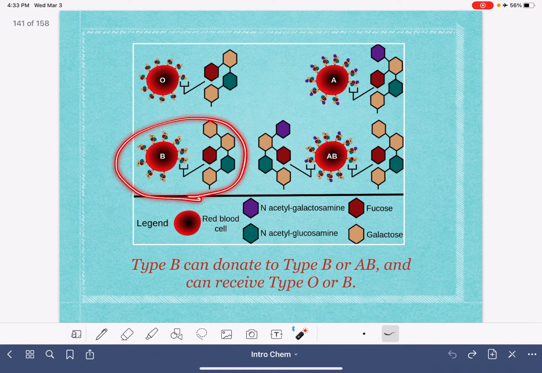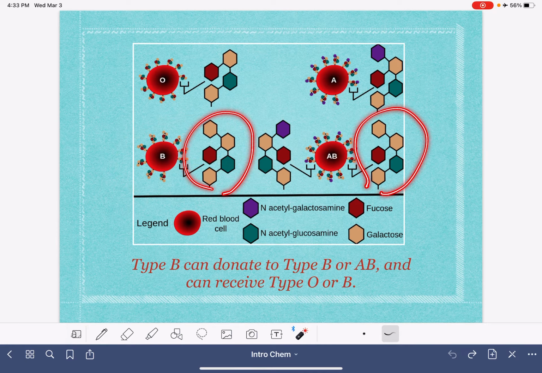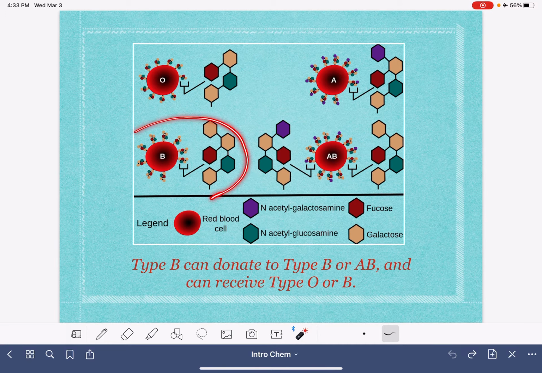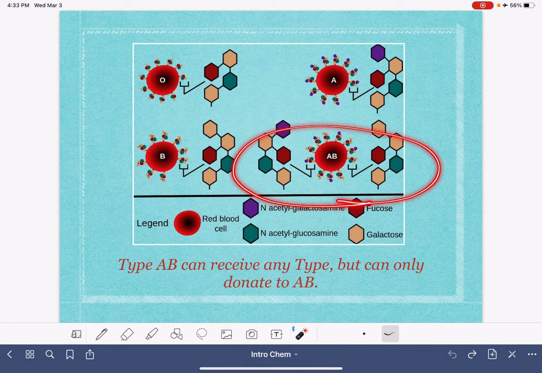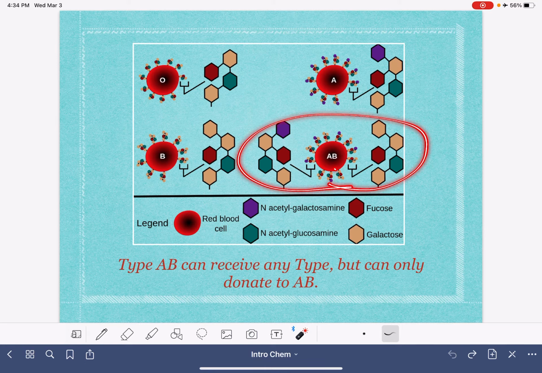Type B can donate to AB because they share that similarity, and other people that have type B could receive type B as well. A person with type B blood could only receive type O because that's the only thing that has similarity. Then last but not least, a person with type AB blood, they can donate to somebody else who also has type AB.